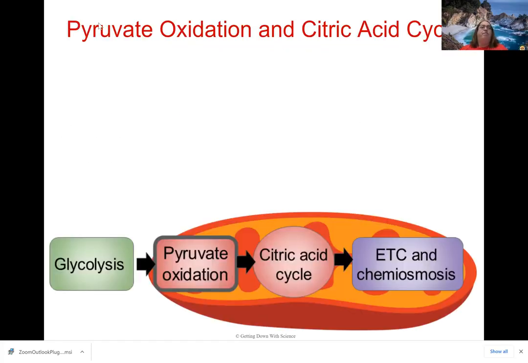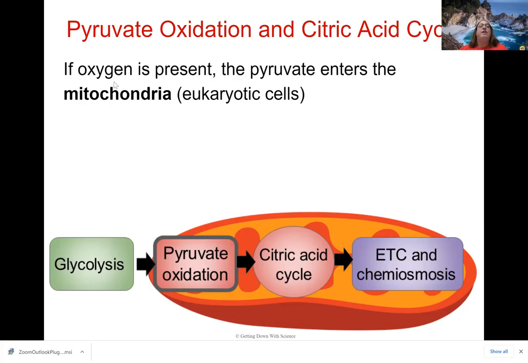Okay. So next we move to the pyruvate oxidation and the citric acid cycle. This is where it gets a little more unique and complicated. Not all living organisms can do this. Only organisms that have a mitochondria. So if oxygen is present, the pyruvate enters the mitochondria.